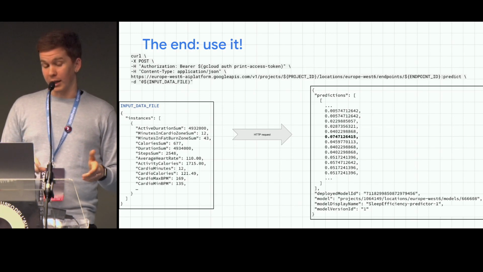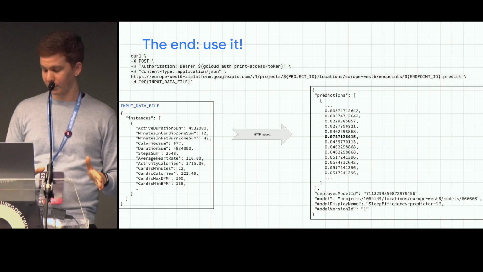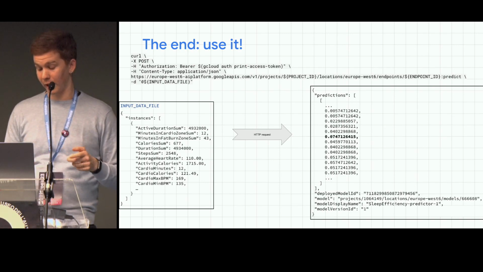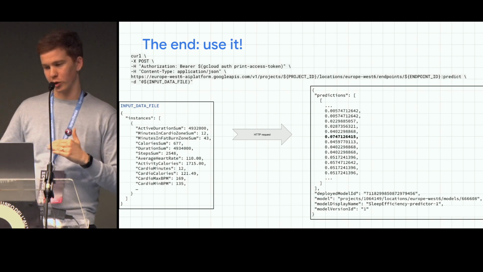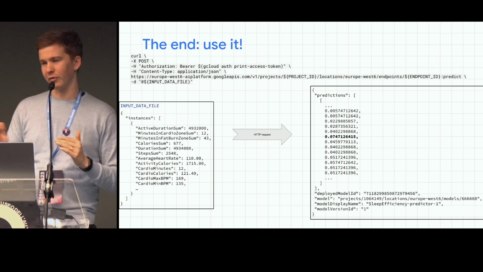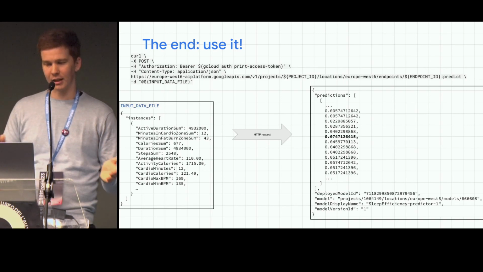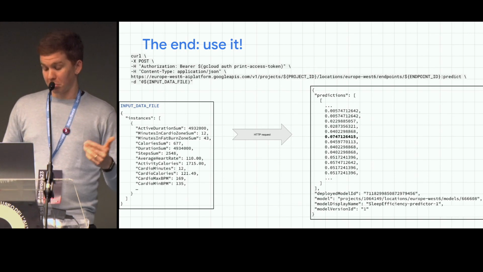Of course, when we make the request, we also have some meta information in the response, such as the information that this is the first model deployment, so we have the model version ID. The cloud allows you to have multiple versions of the model. You can go back and forth in order to evaluate changes to the model and understand if there is data drift or these kinds of things, and other meta information.